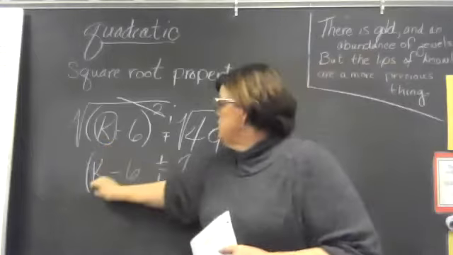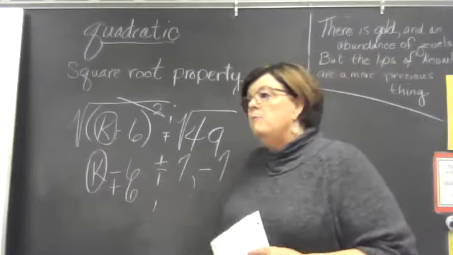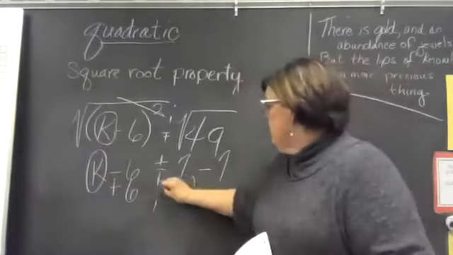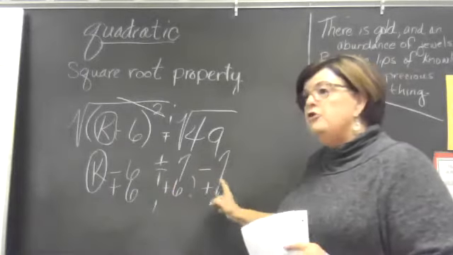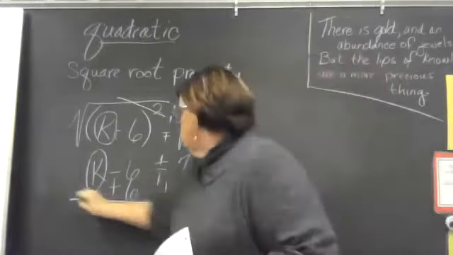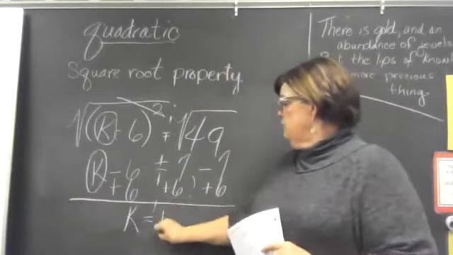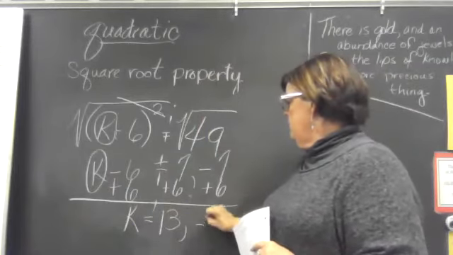Now, if you want to solve for the k, you have to add 6, right? But that means you have to add 6 to either answer. So we're going to add 6 here, and we're going to add 6 here for two different answers. So now I have that k can equal either 13 or negative 1.